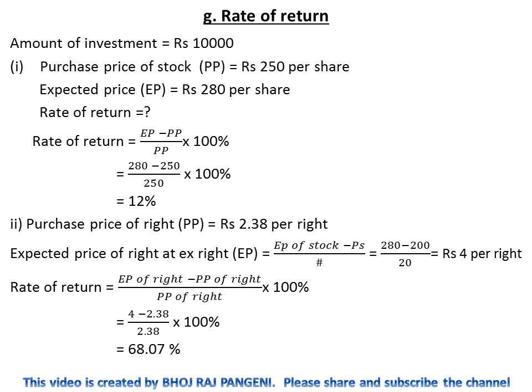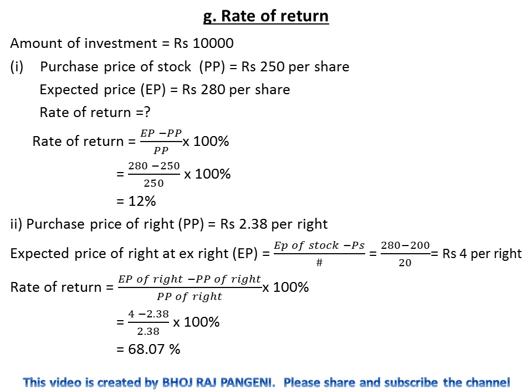Investing in stock and investing in the right of the same company will yield different rates of return, so be careful about that. The higher the return, the higher the risk.